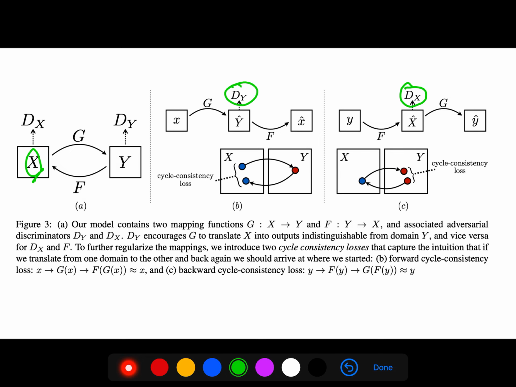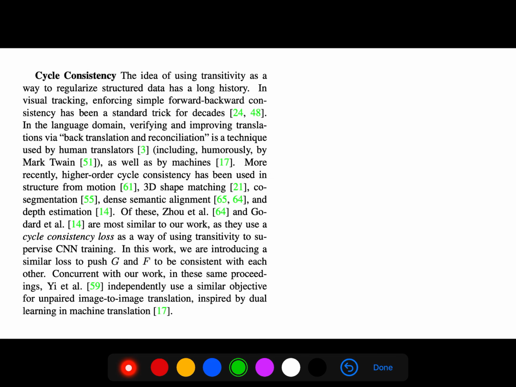To further regularize the mapping, we introduce two cycle consistency losses that capture the intuition that if we translate from one domain to the other and back again, we should arrive at where we started. Forward cycle consistency loss and backward cycle consistency loss.